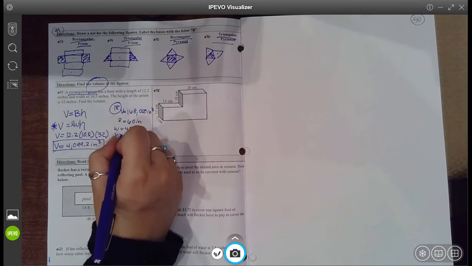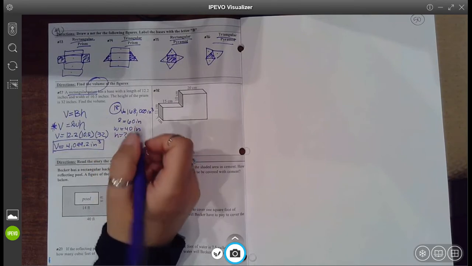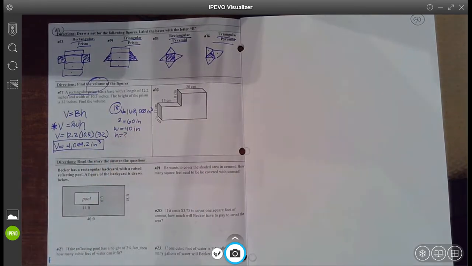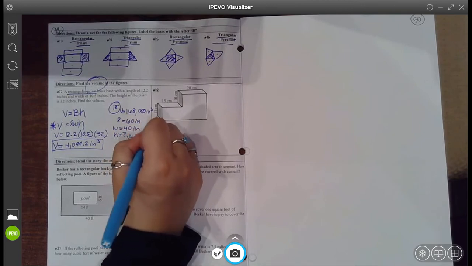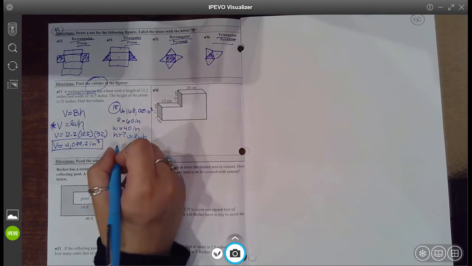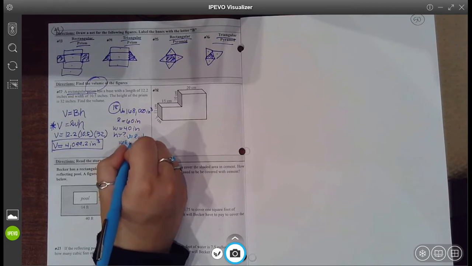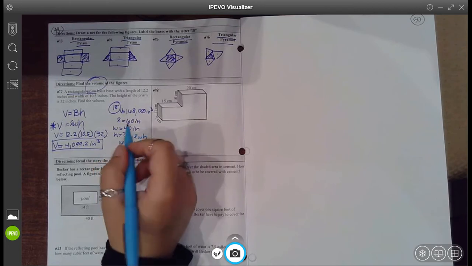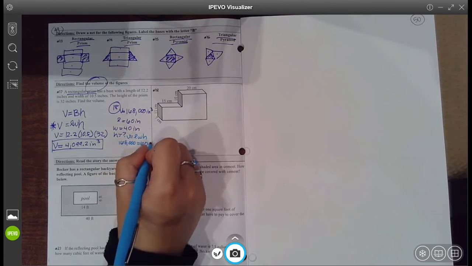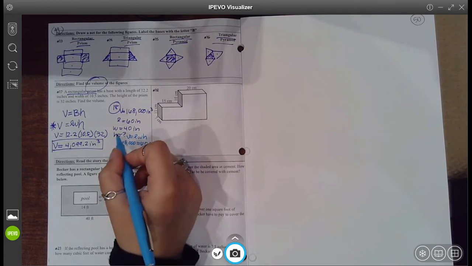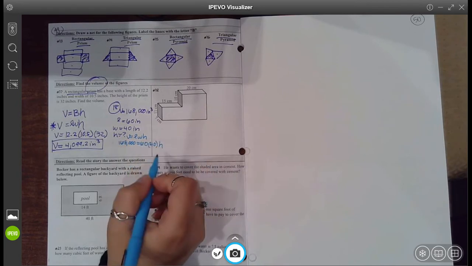Then what's the height? Well, the formula for volume is length times width times height. They told me the volume is 168,000. The length they said was 60. The width they said was 40. So I just need to find the height. So since it's unknown, I'm going to keep it in H.